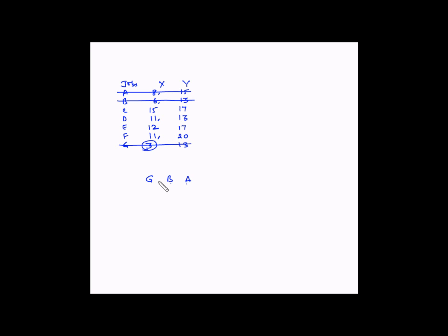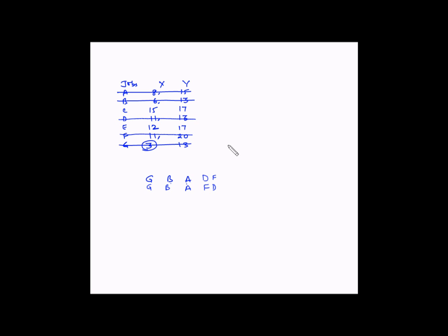We started with G, B, A, and then we can have D first and then F, or we can have G, B, A and F first, and then we can have D. So let's now cut both D and F because we have processed them.